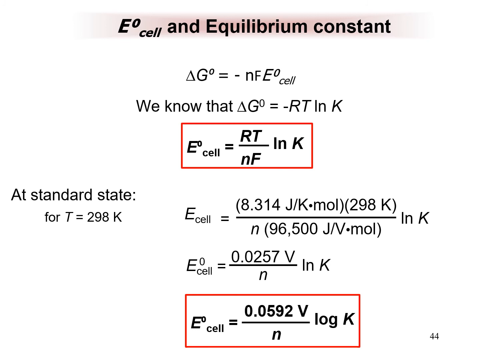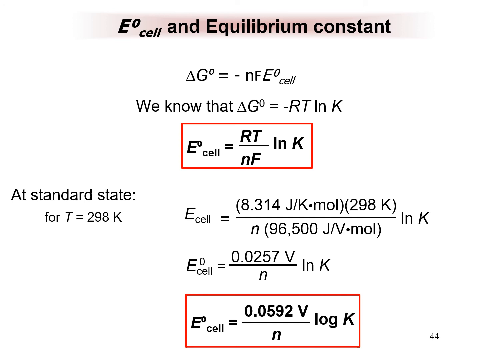Similarly, we know that G naught is related to the equilibrium constant. We saw that in thermodynamics, delta G naught is equal to minus RT ln K. We can use these two relationships, and if we rearrange, that gives us this relationship between E naught and K: E naught of the cell is equal to RT over nF times ln K.